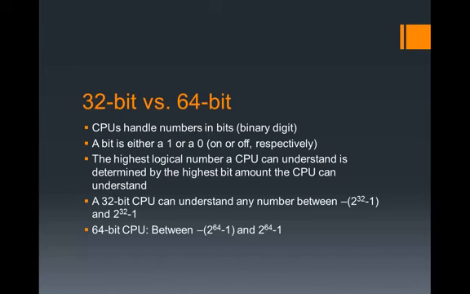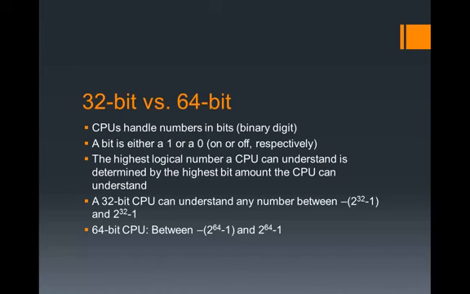CPUs handle numbers in bits of memory. A bit is a squished together word. It means binary digit. And a bit is either a 1 or a 0, on or off respectively, in the computer. Numbers in a computer are represented by patterns of bits, like saying that 1101 in a CPU means a certain number.